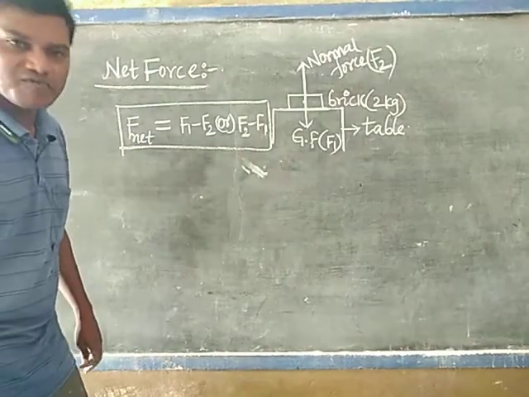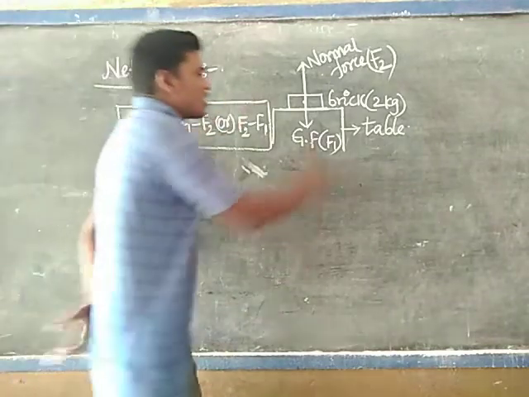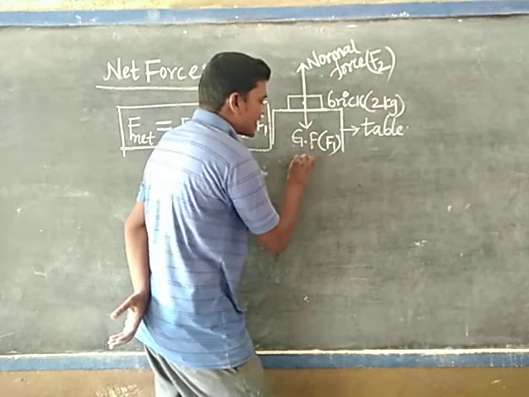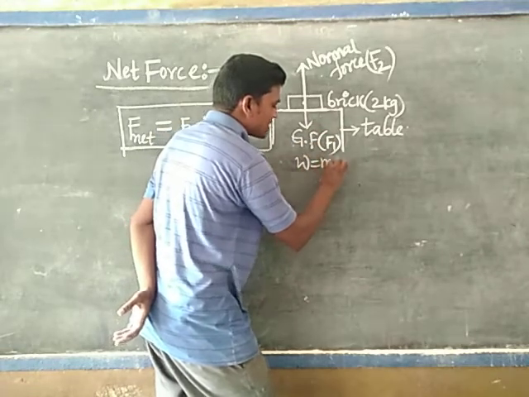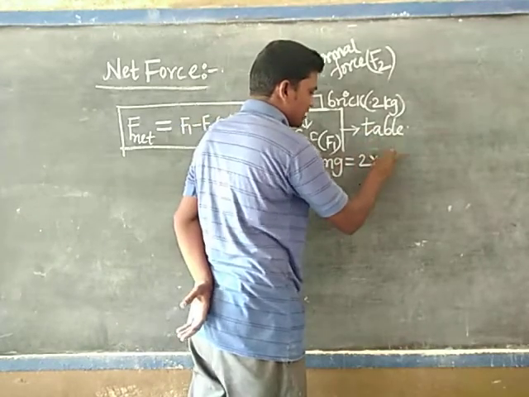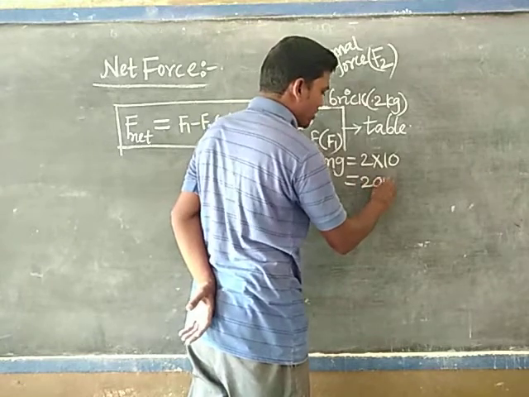For your understanding, I will tell one concept here. What is the mass of the brick? 2 kg. So what is the gravitational force? That is nothing but weight. m is 2, g is 10 meters per second squared. 2 into 10 is 20 Newton.